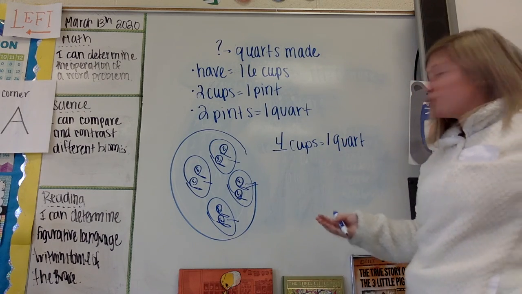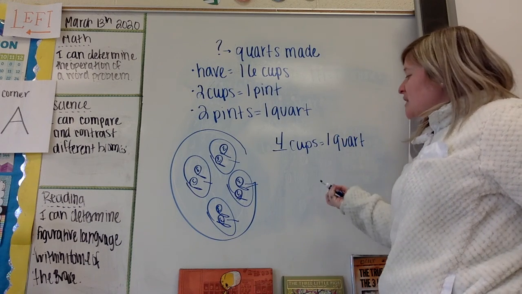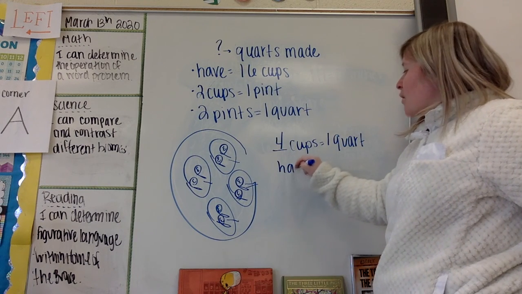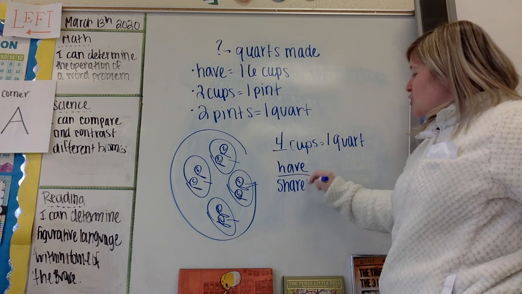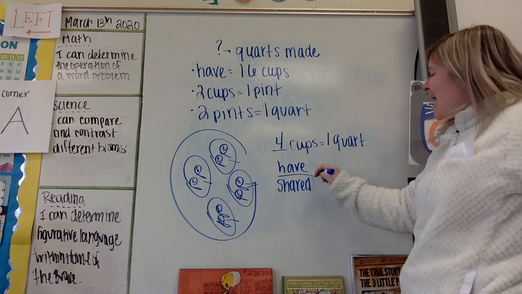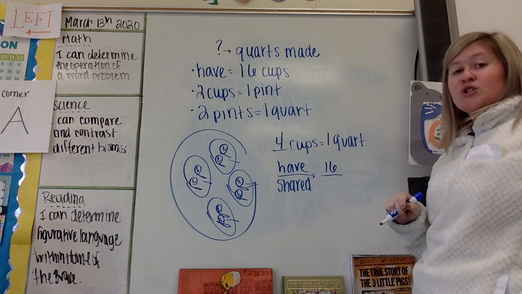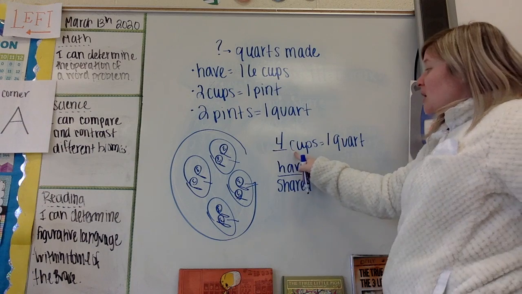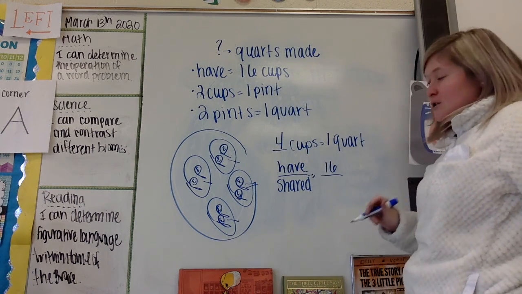So essentially, we are trying to make groups of 4. Okay. So when I break this down, I kind of want to think about what I have, and it gets divided by what it's being shared by. I have 16 cups total, and I want to share it into 4 cups because that's a quart, and my goal is to get it into quarts.